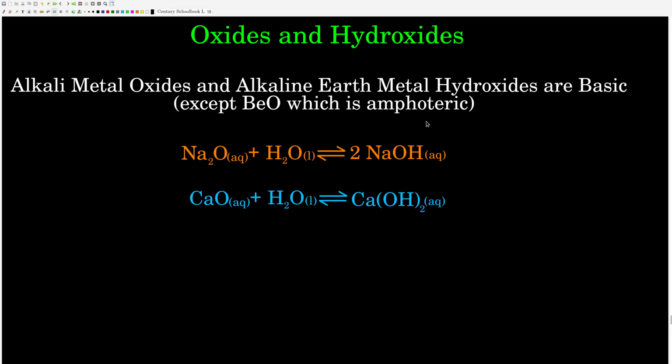Beryllium oxide is amphoteric, meaning it has both acidic and basic properties. Which one it exhibits depends upon its environment. So, for example, metal oxides: sodium oxide reacts with water and makes sodium hydroxide, which produces hydroxide ion. It's basic. Calcium oxide, an alkaline earth metal oxide, reacting with water makes calcium hydroxide, which again is basic.